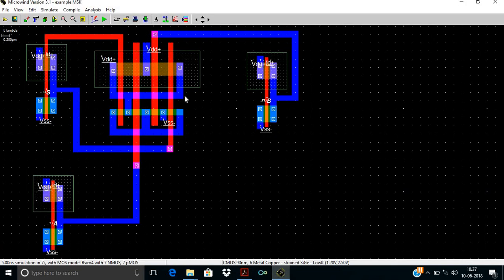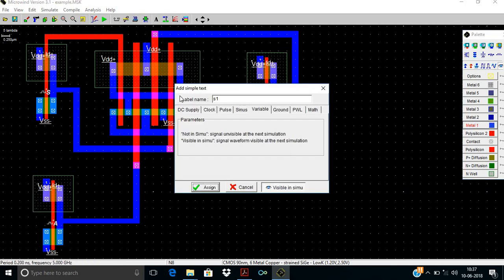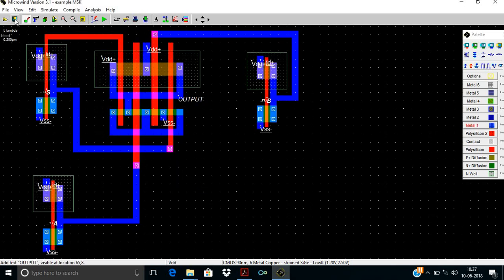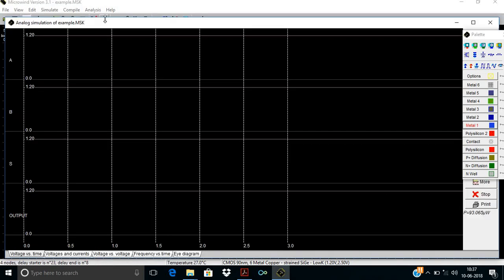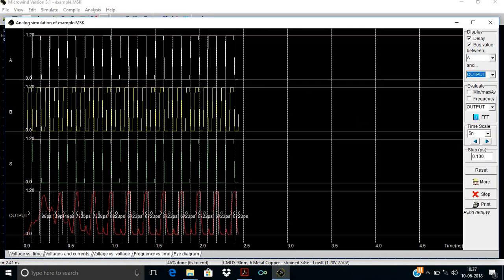We have not put a visible node here, and here we will now put a visible node. This is the output. Save the design again and now you can see the result.